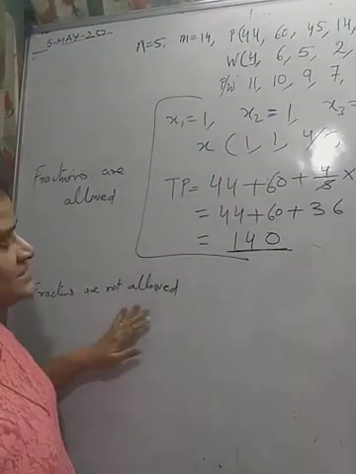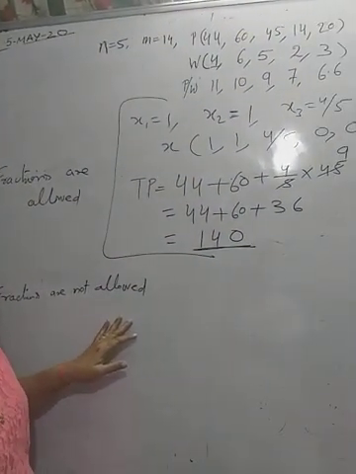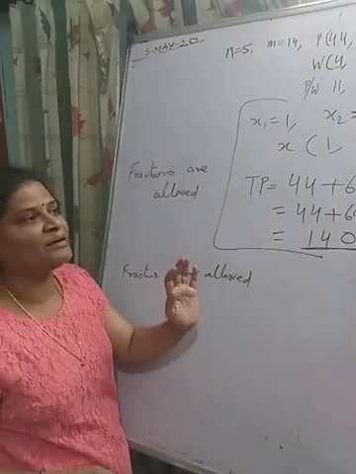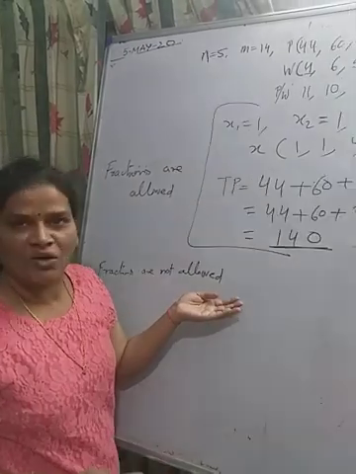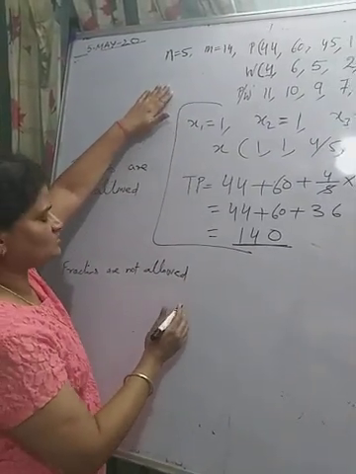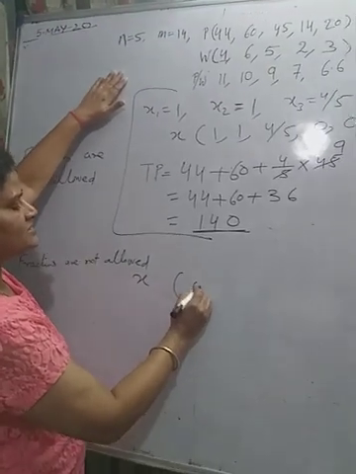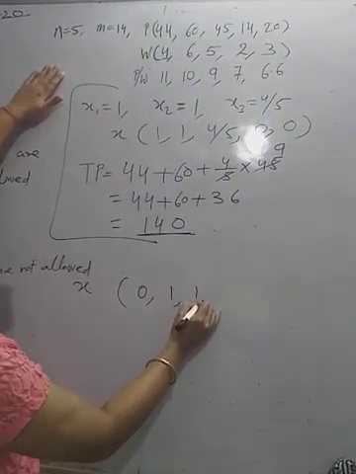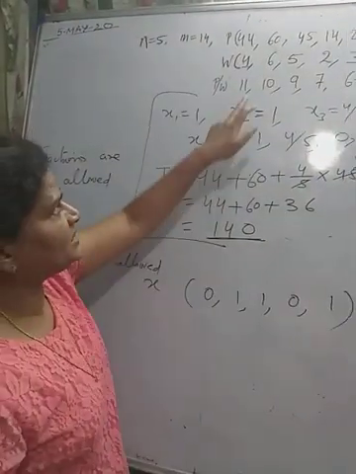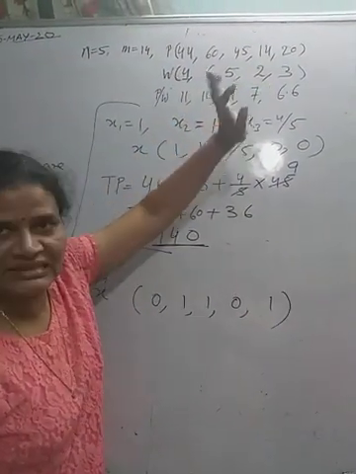In the case fractions are not allowed, as you saw, many of you have solved this example, almost all, because all of you have submitted the assignment. So its solution is what? The solution vector is 0, 1, 1, 0, 1. So here simply 6, 5 and 3.